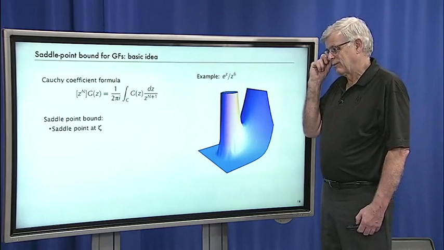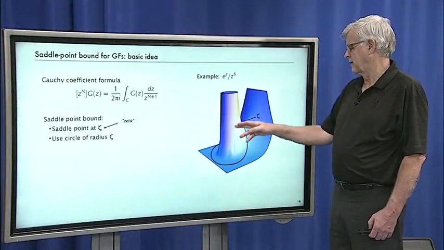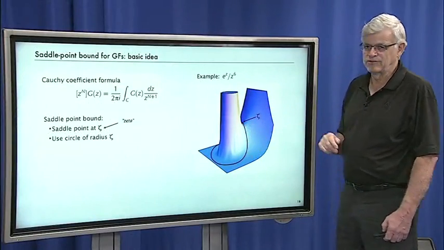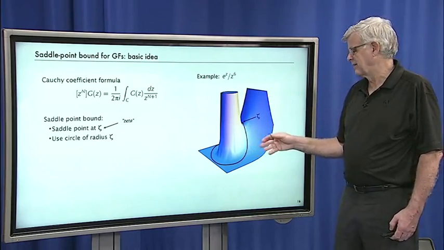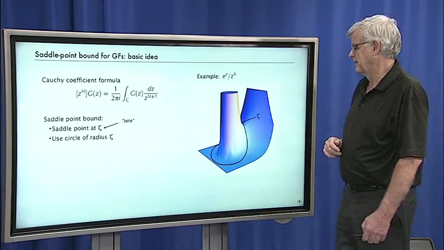So the idea of a saddle point bound is to find a saddle point, and we always use zeta, the Greek letter zeta, for the saddle point. And then for our circle, we'll use a circle of radius zeta. So this is what the integral will be, adding up the height under that circle. And as you can see, for most of the range, it's very, very small.